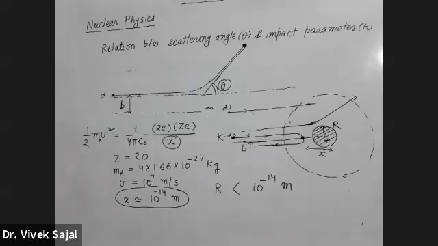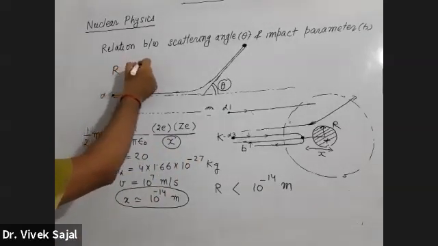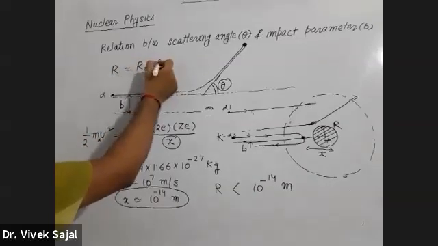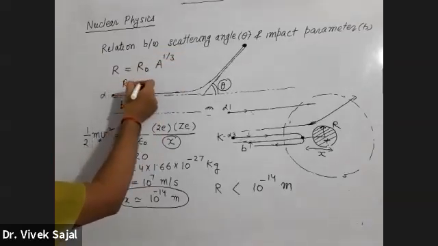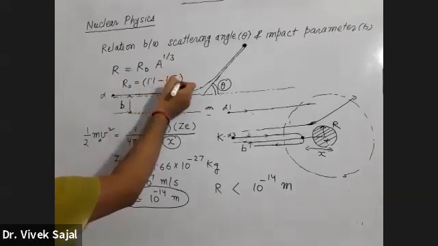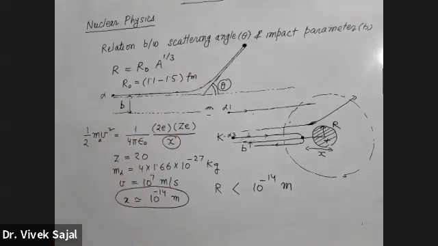Later on, different methods were developed, and even before that, various scattering experiments found that the radius is, in general, given by r equal to r naught A to the power 1 by 3, where this r naught is a constant, its value is 1.1 to 1.5, it can be anywhere in between, into 10 to the minus 15.